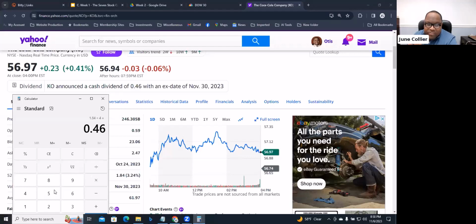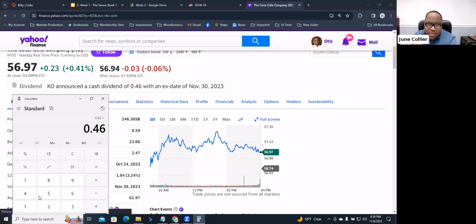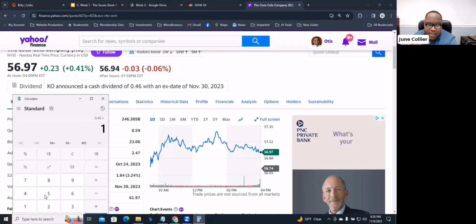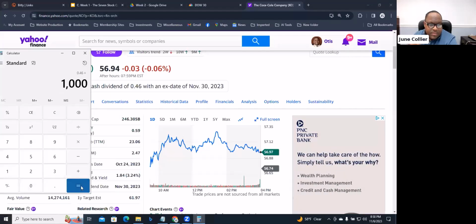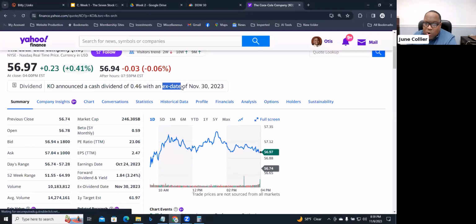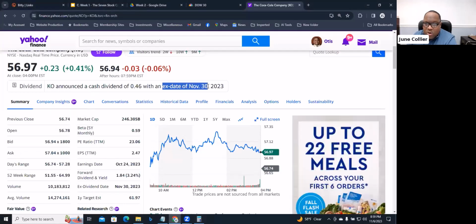Okay. So if you have 1,000 shares of this stock, where's my 0 at? You're going to make $460 once a quarter, every quarter. Okay. Now, what is this X date, November 30th? So what that basically means is that you must own shares of Coca-Cola by November 30th.